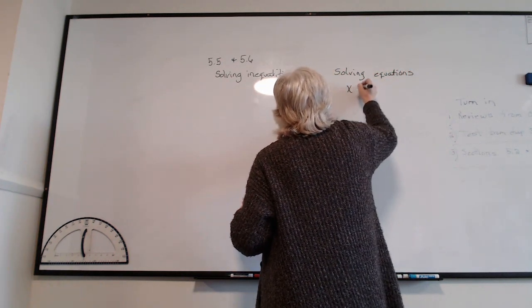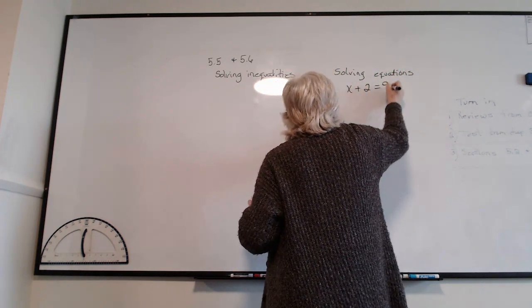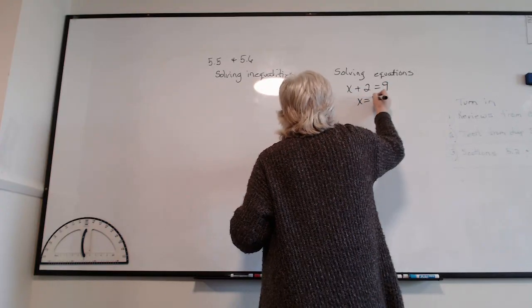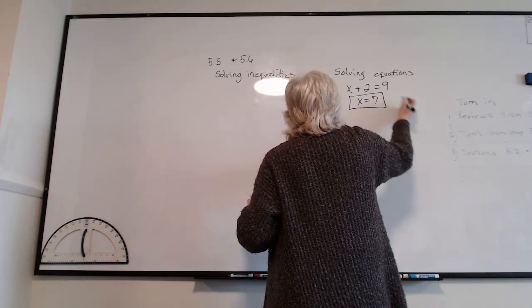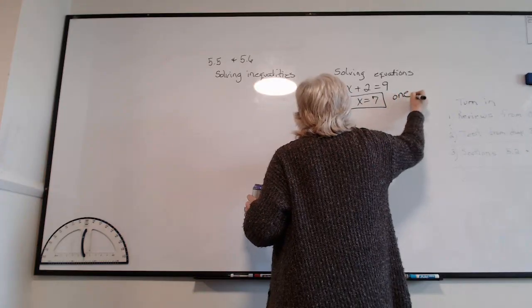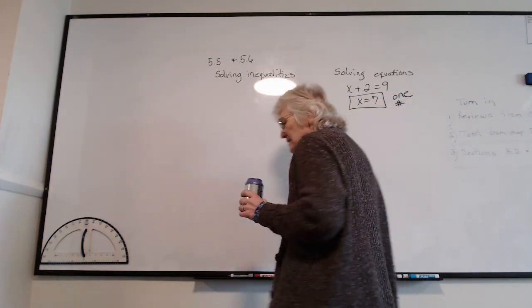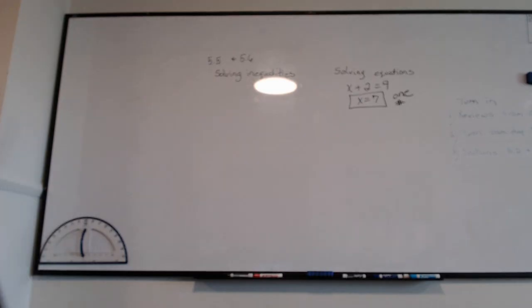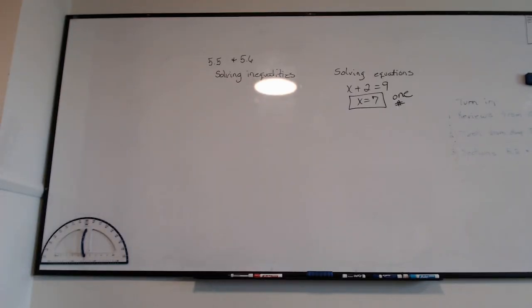This is like x plus 2 equals 9. x equals 7 is my answer. I get one number as the answer. One exact answer. That's what we get when we solve an equation.